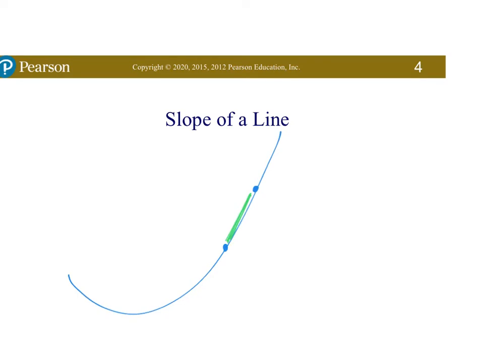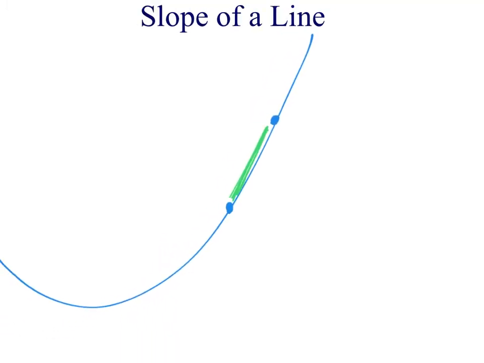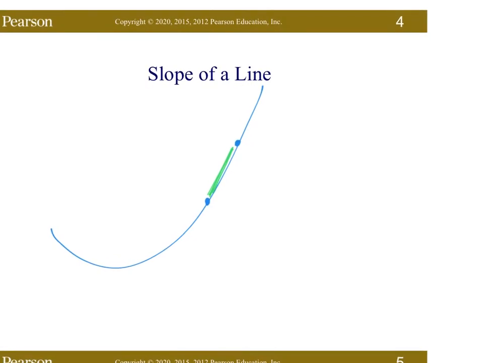And the closer those 2 points get to each other, the straighter that curve appears to be. The key word being appear. We know a curve is not straight, but the more we zoom in to a curve, look at those pixels, the straighter it appears to get. And that would be the farther we zoom in or the closer the points are that we get to each other.